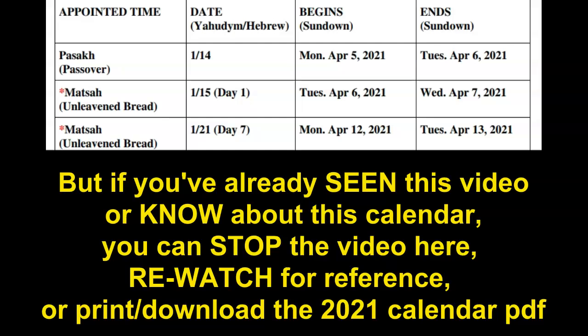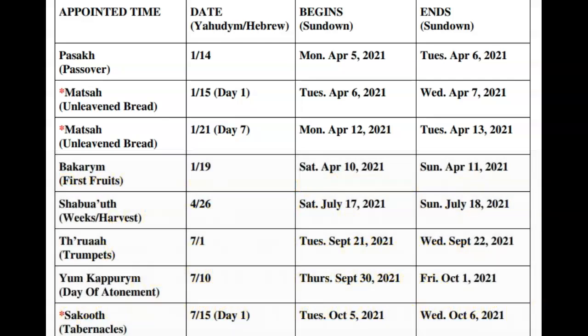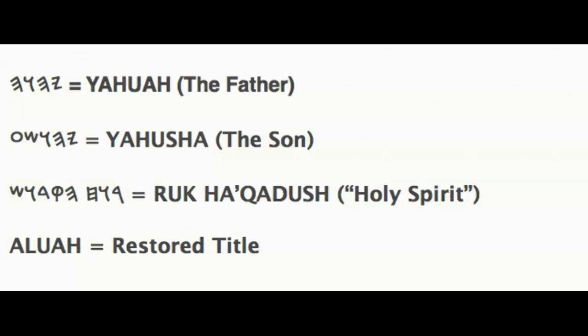But if you already know why we observe these dates because you've been following this network for well over 3 years, then you can stop the video right here and print out the calendar for your own records. But for those of you who would like a refresher on the Enoch calendar or are new to this network and wondering why I arrived to these dates, here's the Enoch calendar video, copy and pasted from 2018.